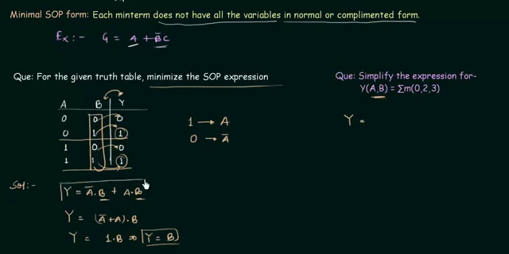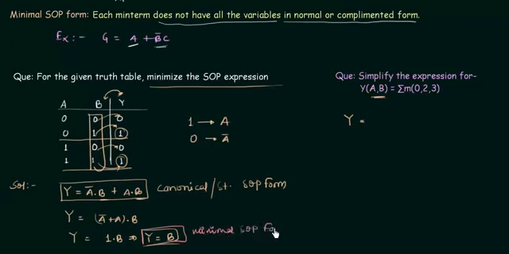This one is the canonical or standard SOP form, and this one, y equals b, is the minimal SOP form.